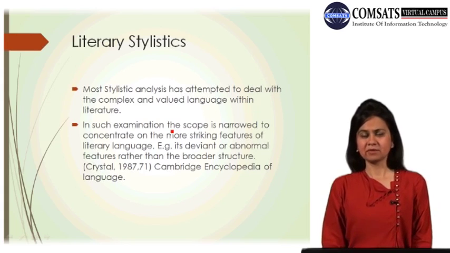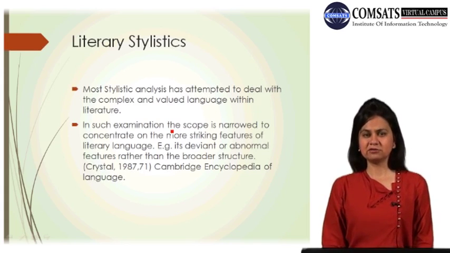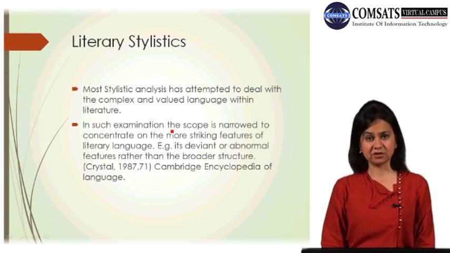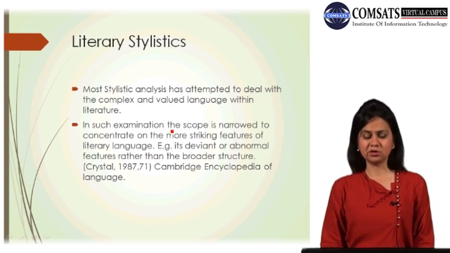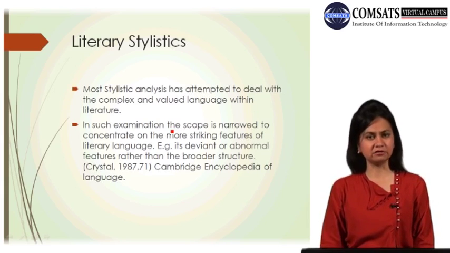For example, when the analysis of a literary stylistician is narrowed down to the striking features of the language, these features might be labeled as the deviant or abnormal usage of language. Deviant and abnormal usage of language is mostly the usage which we encounter in poetry and literature, and seldom do we find it in ordinary language.